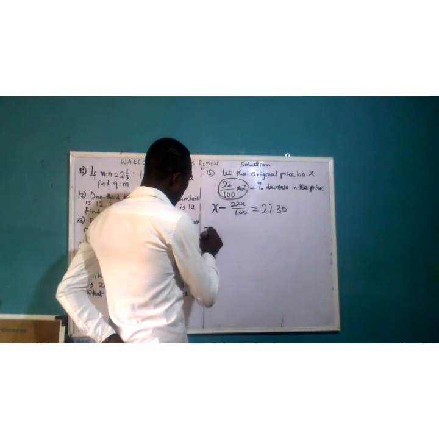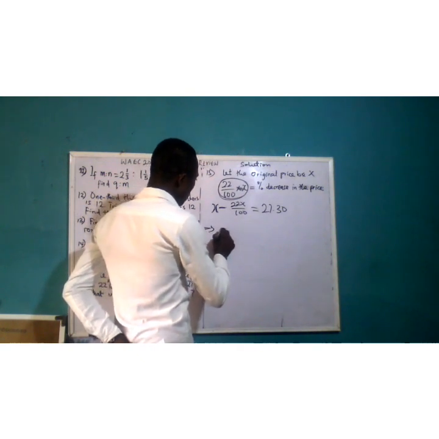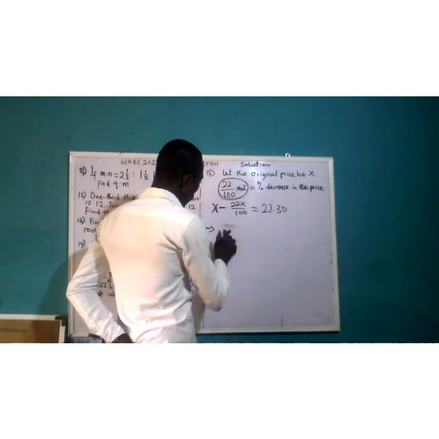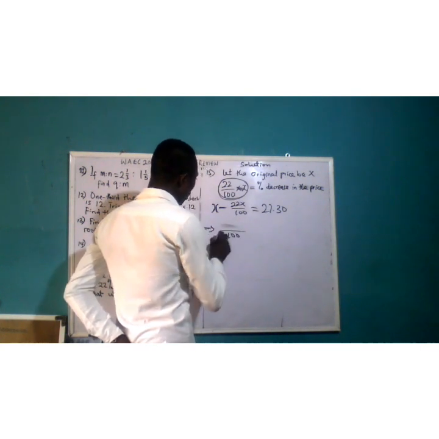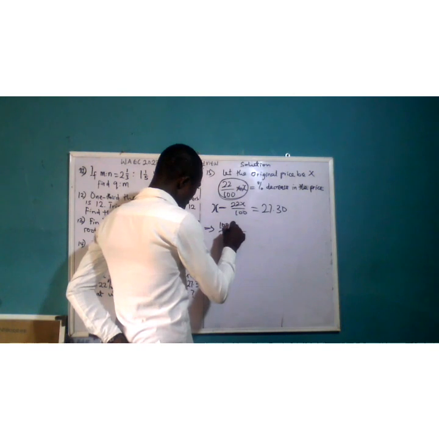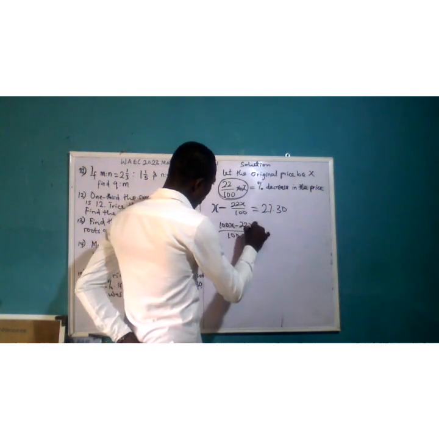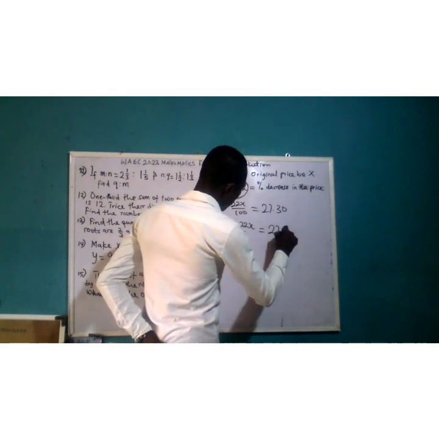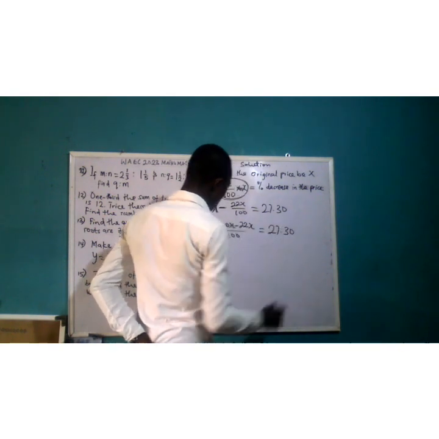So if you take the LCM, you have (100x minus 22x) all over 100, everything equal to 27.30.